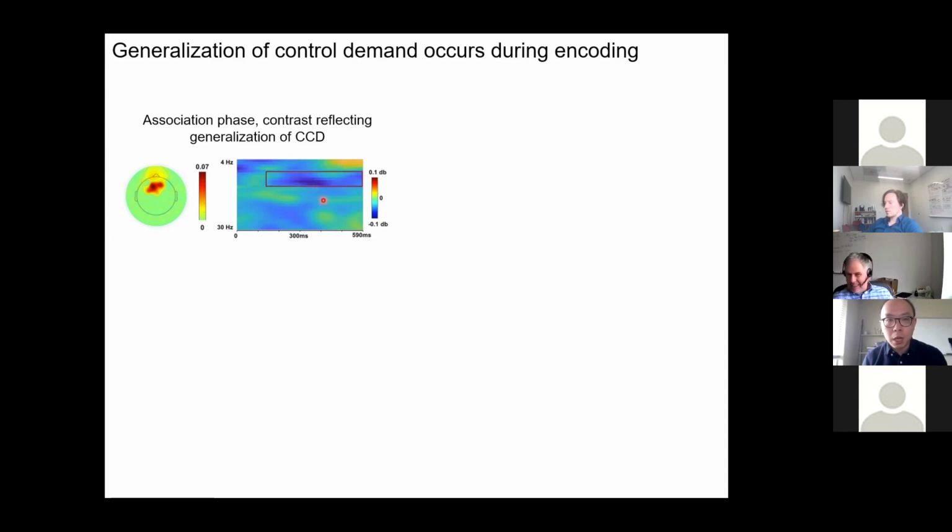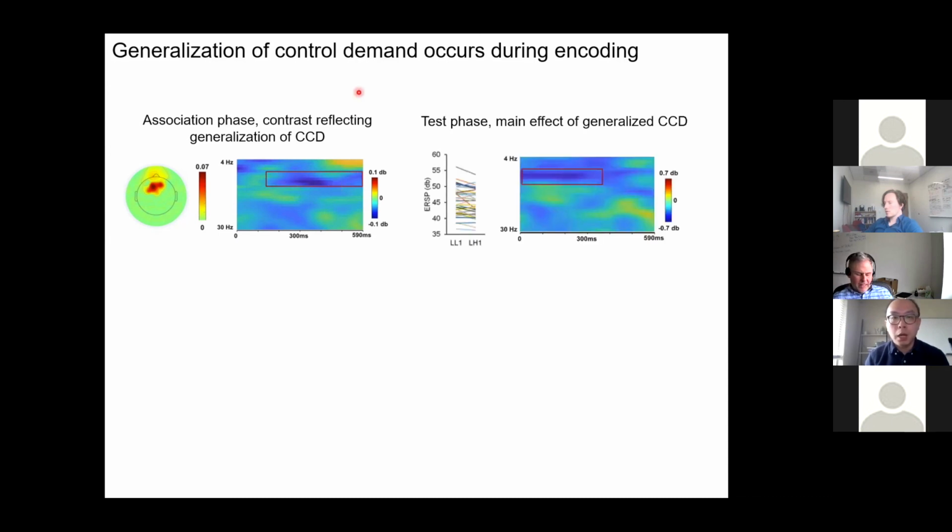Of course, if we think this is a generalization effect, it may not be enough. If this is indeed when generalization occurred, then you should see the generalization effect during test. So you can think of this as the retrieved generalization effect, and this as the time generalization occurred.